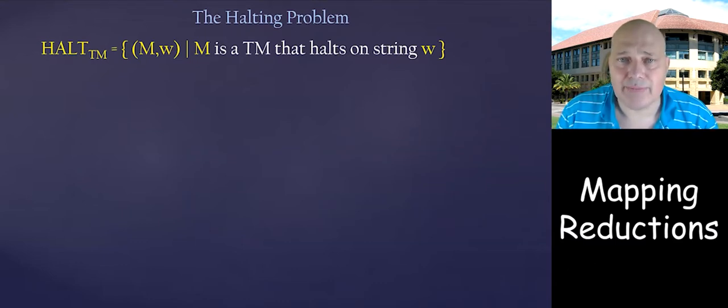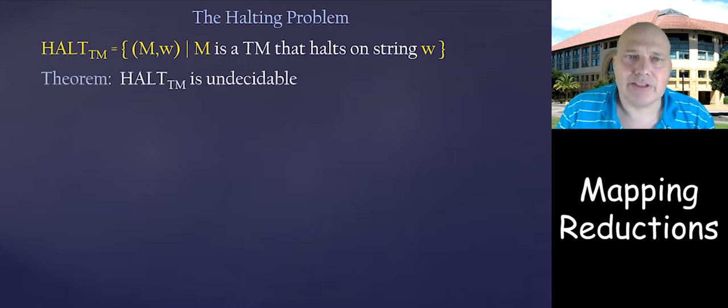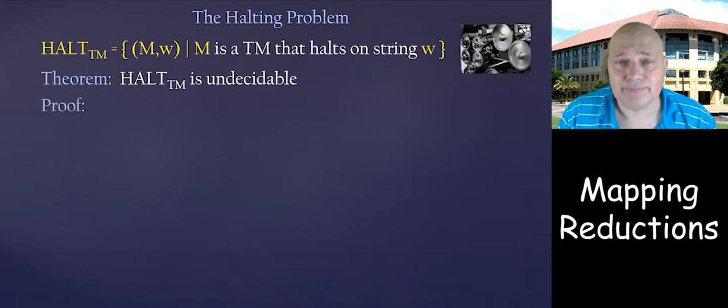This is definitely something we want to know. I mean, we would love not to run algorithms that run into a loop. So if before running the algorithm, we can check that it's going to stop, this would be a positive thing. And the theorem is that HALT TM is undecidable. So let's see a proof.